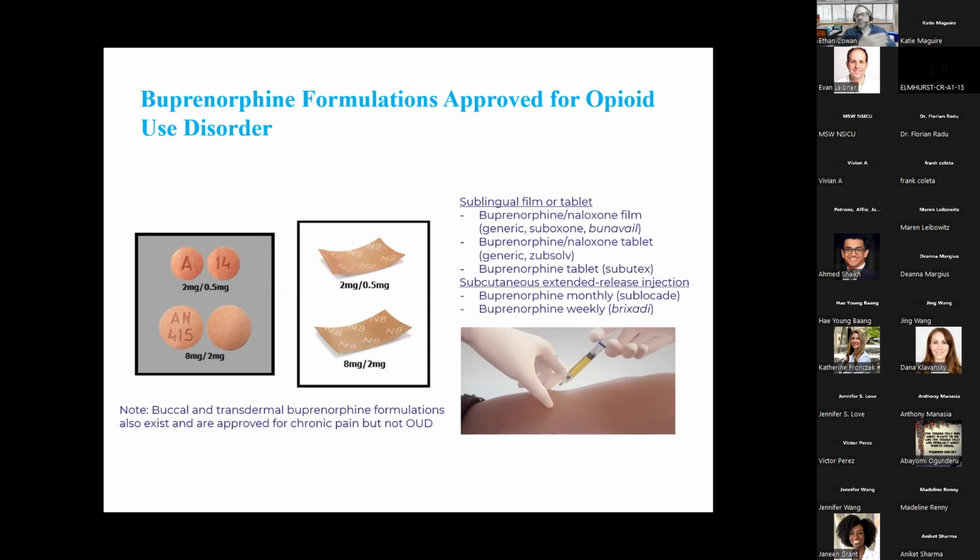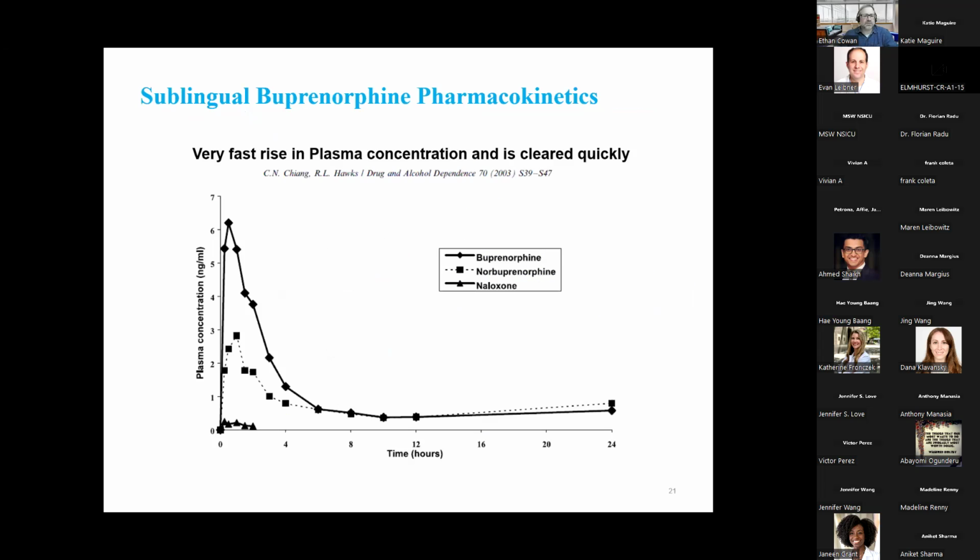So what you can do is you can kind of crush up the tabs, or you can melt the films and then inject them. And if you do that, then you're going to get the full dose of naloxone, and that's going to precipitate withdrawal. So that's the only reason that it's there. It doesn't have any other purpose. So the properties of each of these delivery mechanisms really affects how we do the treatment initiation.